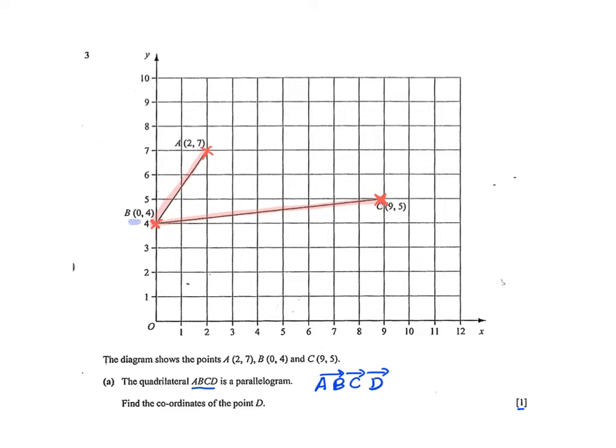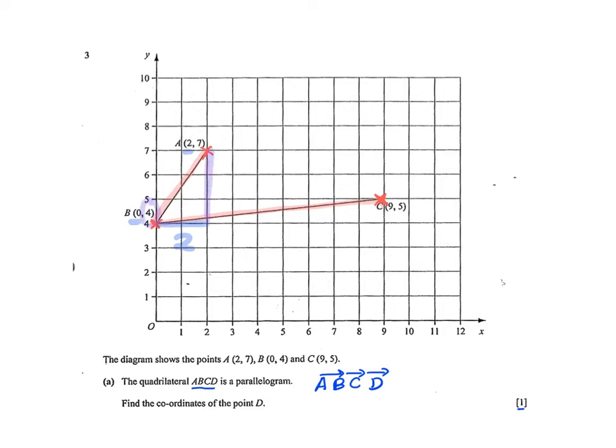Point B, the x coordinate is 0. The x coordinate for point A is 2. How many units did I shift in my x direction? From 0 to 2 is 2 units. And then I shift for y. So now I'm going to go upwards, right?